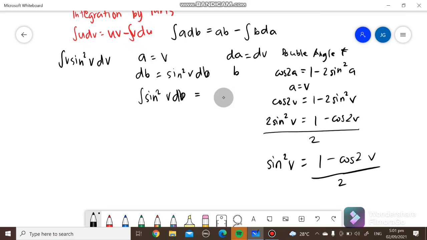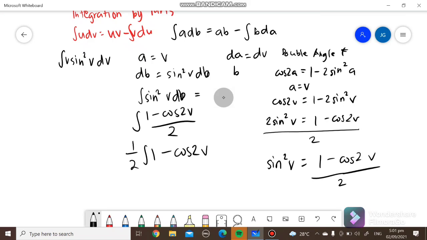Pagkatapos yan, we can integrate it na. So, it is the integral of 1 minus cosine 2v all over 2. By integration, we can put 1/2 outside the integral sign. So we have the integral of 1 minus cosine 2v.